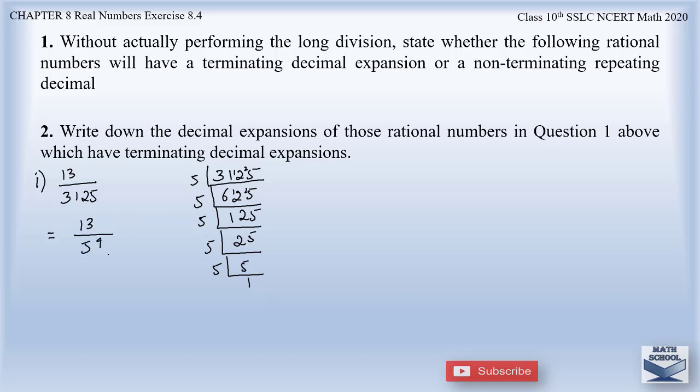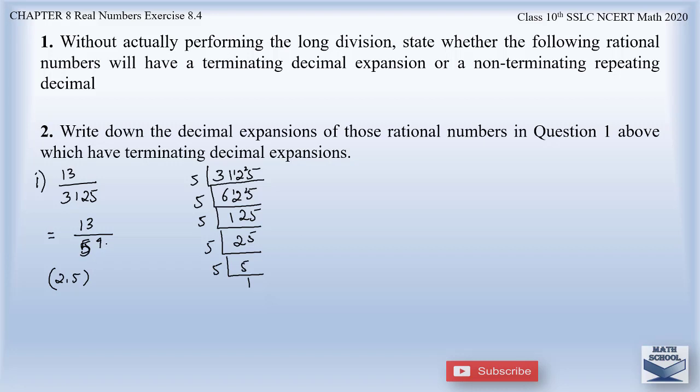Now, to determine whether the number is a terminating or a non-terminating decimal expansion, we have to find whether the denominator has the pair of 2 and 5. We have to create a pair in the denominator, with 2 and 5 having equal powers. Here you can notice that for the number 5 the power is 4, whereas 2 power 4 is missing.